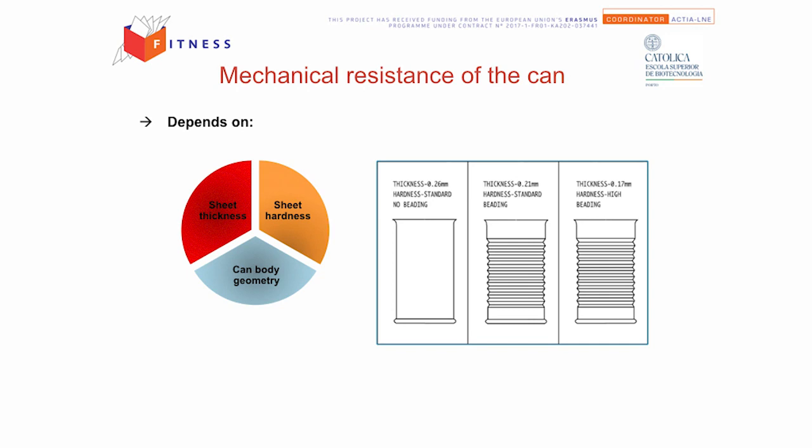So I play with characteristics of the steel, I play with the thickness, and I play with the geometry of the body. And this is how industries can do lighter metal cans without compromising the performance.